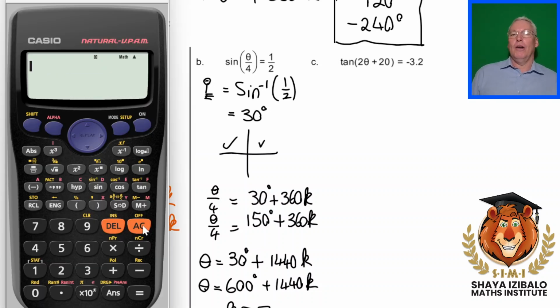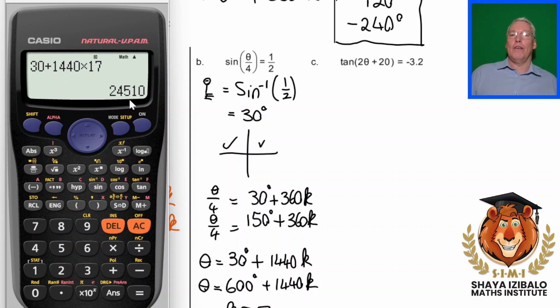Maybe you're 17 years old, maybe you're 18. Let's say 17. So let's go with 30 degrees plus 1440 times 17. According to us, 24,510 is a solution to this equation.